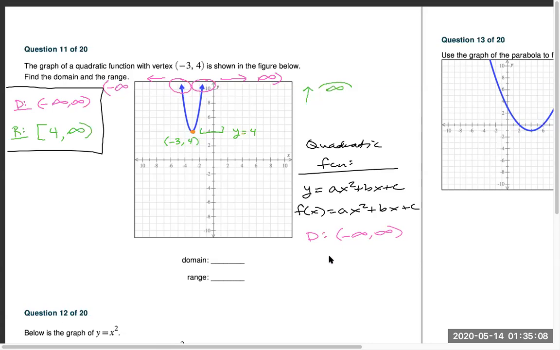But the range you'll need to check, okay?